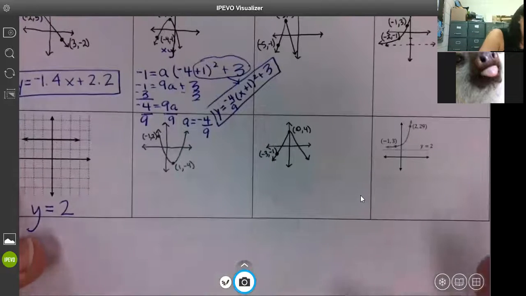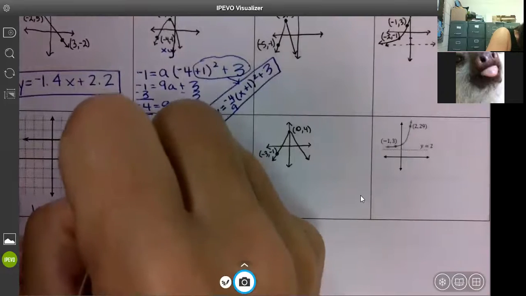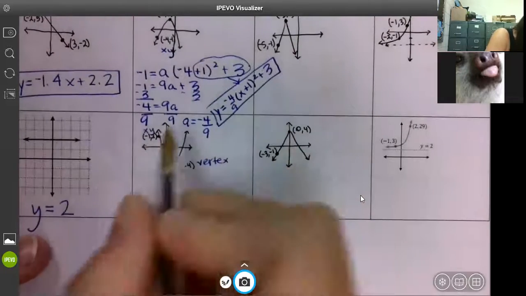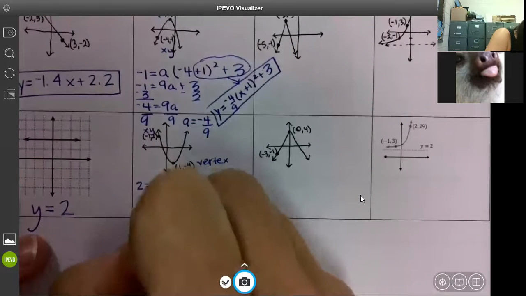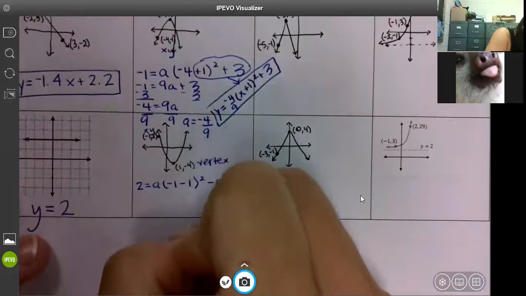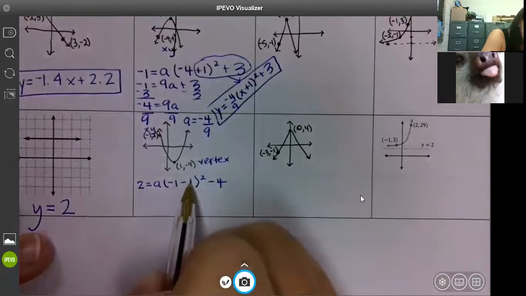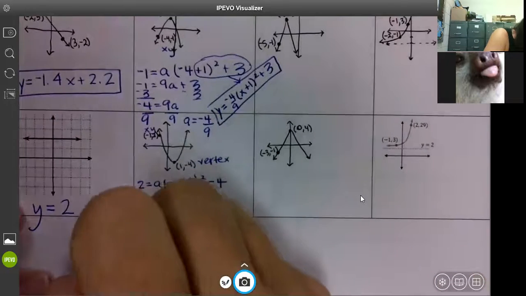And then the next one, same thing. Our y coordinate and our x coordinate are up here. This is your vertex. So y is 2 equals a times x is -1. Change the vertex sign, squared, keep the y. -1 minus 1 is -2. Squared is 4.